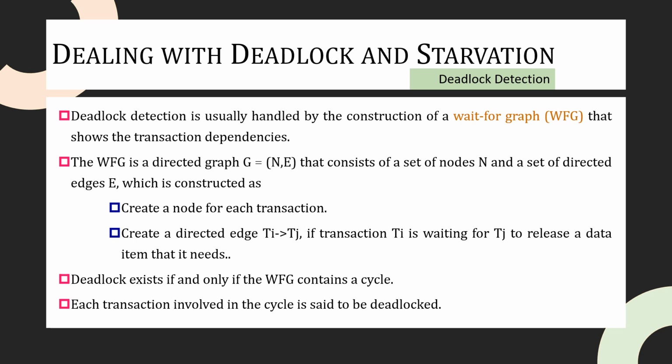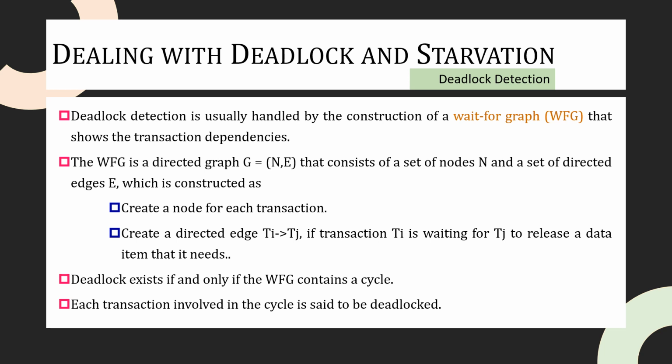Deadlock detection is usually handled by the construction of a wait-for graph that shows the transaction dependencies. So deadlock detection can be handled by means of this wait-for graph. This wait-for graph is nothing but a directed graph which consists of nodes and edges. These edges are directed edges.